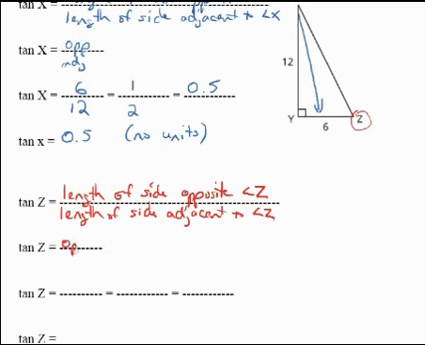And we again go opposite over adjacent. And this time our opposite is 12. So this is 12 over 6, reduces to 2 over 1, or just 2. And the tangent of z is 2.